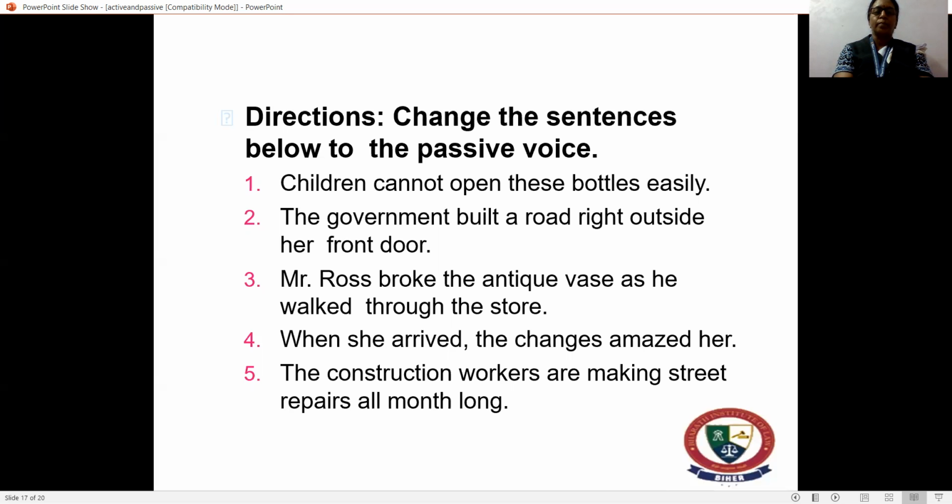The government built a road right outside her front door. Third one. Mr. Rose broke the antique vase as he walked through the store. When she arrived, the changes amazed her. And the fifth sentence. The construction workers are making street repairs all month long.